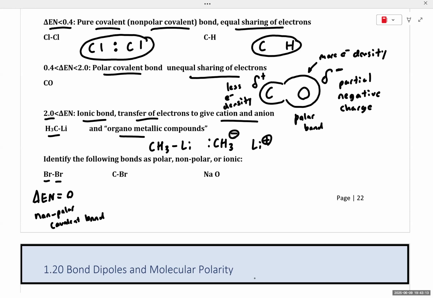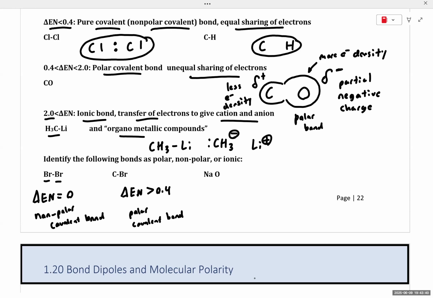What's really important is it's not the electronegativity of the atom in a given bond, it's the difference in electronegativity. Looking at the carbon-bromine bond, the difference in electronegativity is going to be greater than 0.4, but not to the point where we're dealing with an ionic compound. So we have a polar covalent bond.